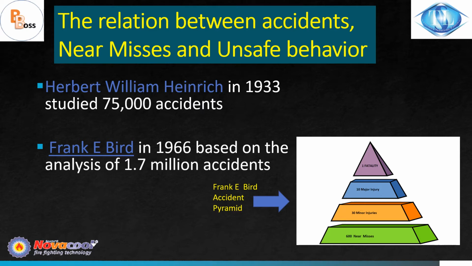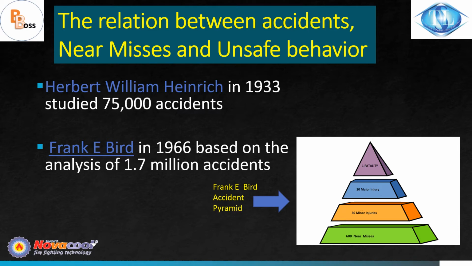The first one was made by Herbert William Heinrich in 1933, who studied 75,000 accidents. And the second one, 33 years later, by Frank Bird. In 1966, he studied and analyzed 1.7 million accidents.